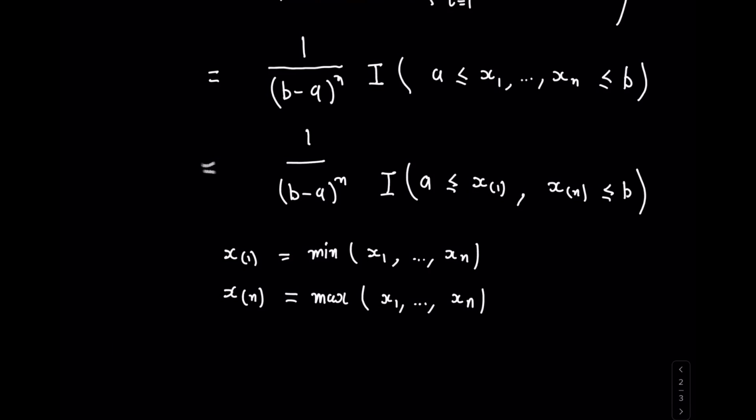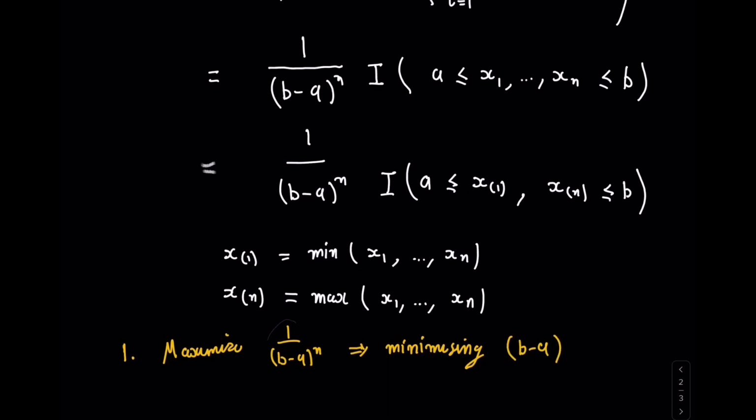Statement number one is we actually want to maximize 1 on B minus A to the power of n, which is the equivalent of minimizing B minus A, right?